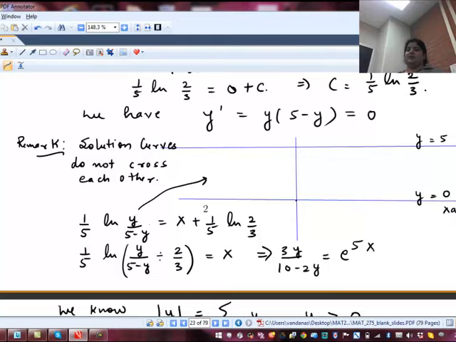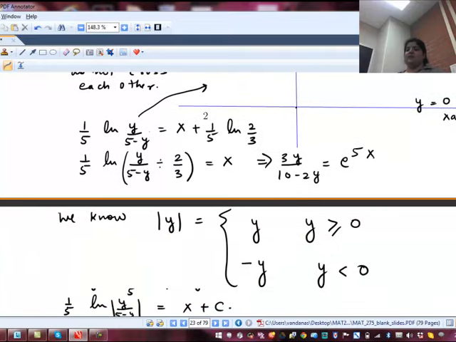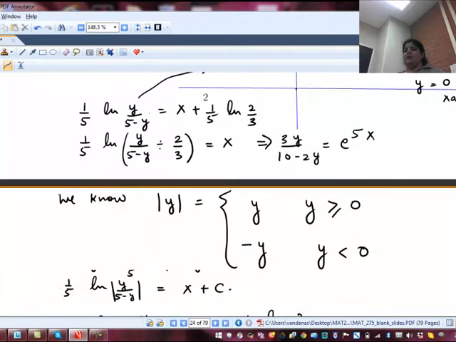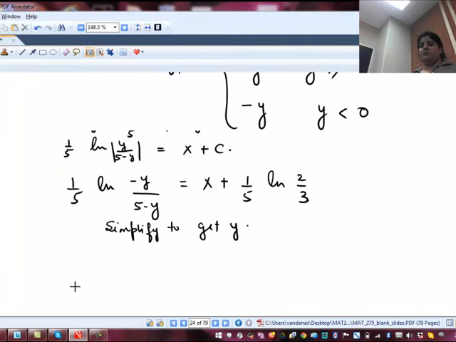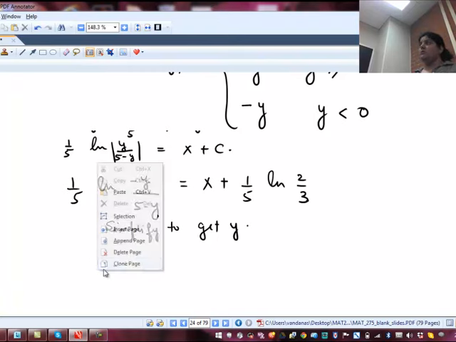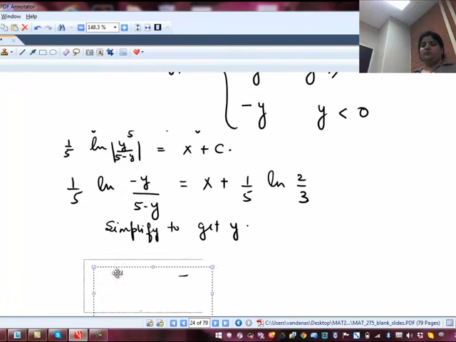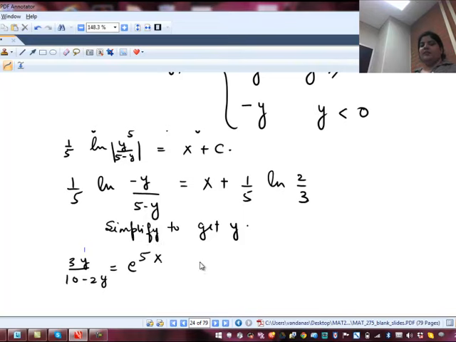If we do a little bit of work and simplify this, we will have 10 e to the power 5x. So we will have here 3y equals 10 e to the power 5x, and then minus 2y e to the power 5x.